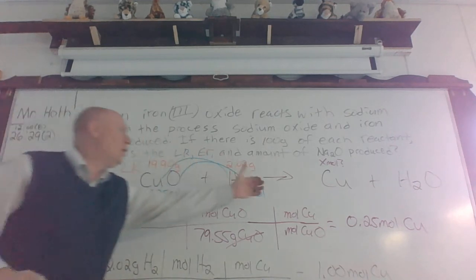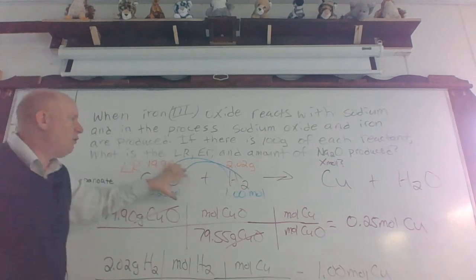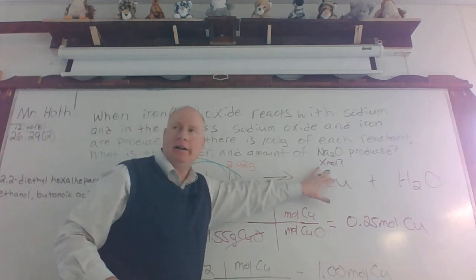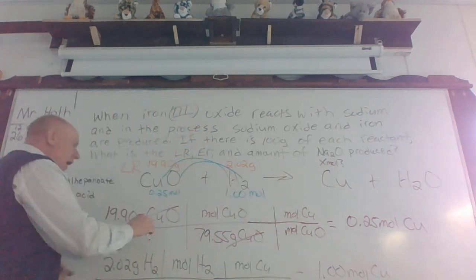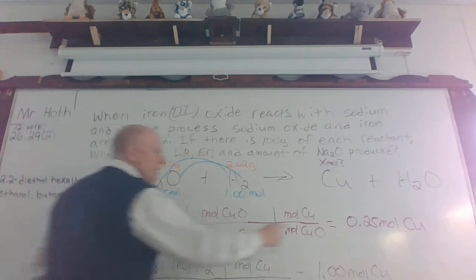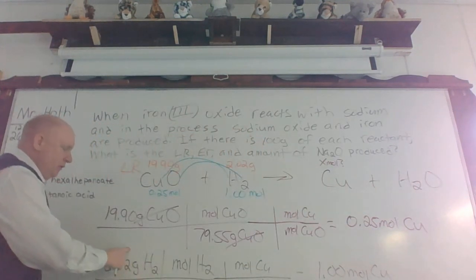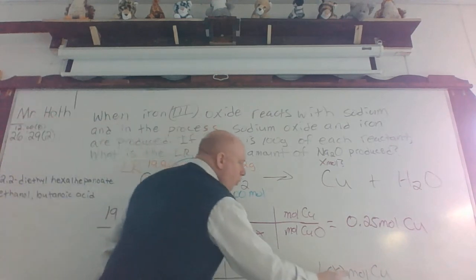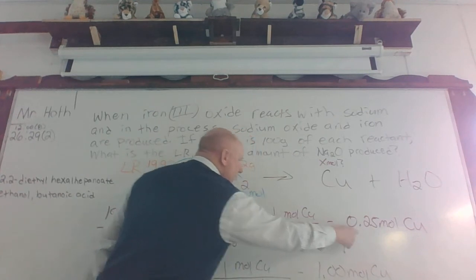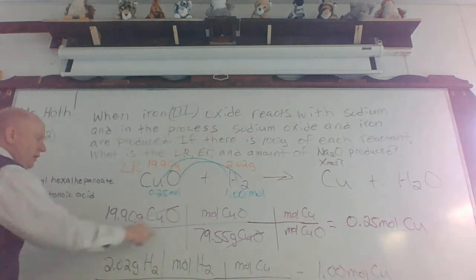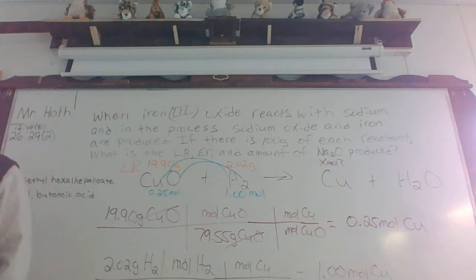We did it by showing just staying on this side of the reaction or changing these grams to moles of one of these products. So the copper oxide produces 0.25 moles of copper. 2.02 grams of hydrogen produces 1 mole of copper. So since this produces less, go back to what we started with, copper oxide, limiting reactant, like we had just predetermined.